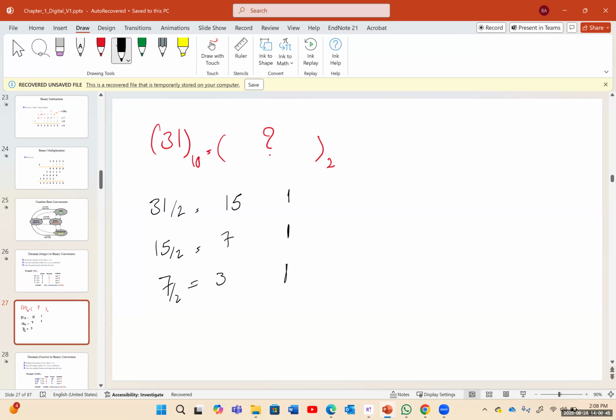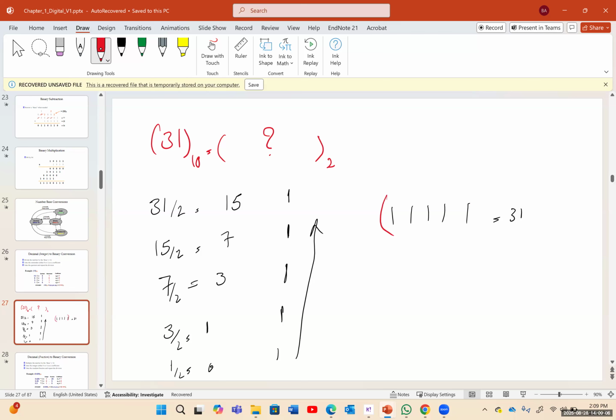Still 3 is greater than 2. Again, 3 divided by 2 is 1, and then 1. And you can say 1 divided by 2 is 0, and 1. And you just write it like this, going 1, 1, 1, 1, 1, which gives us 31. But there's an easier way to solve this.